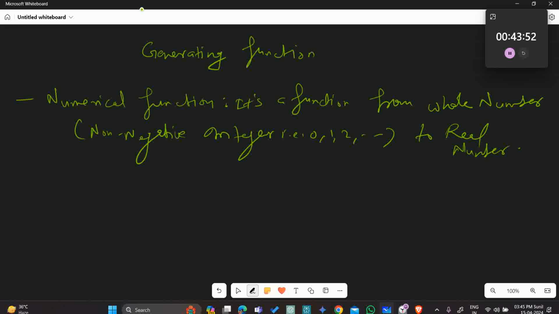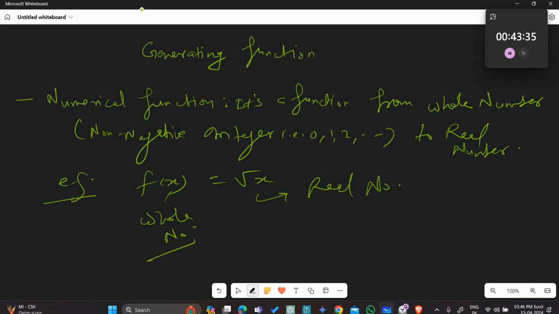Alright. So, for example, f(x) is equal to square root of x. The square root of x is always a real number. Right. x here is a whole number. This is a numerical function.